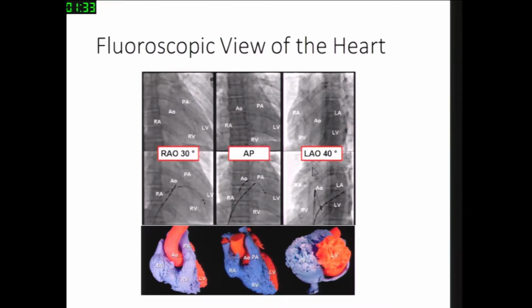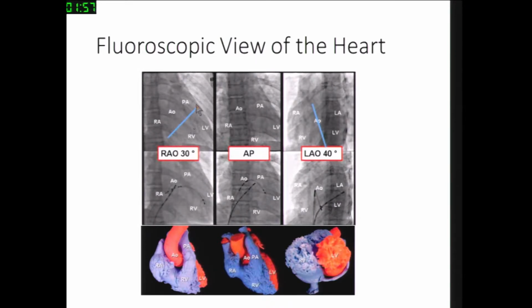This is the fluoroscopic view of the heart: AP, RAO, and LAO, with a model of the chambers at each angle. The AP view shows the RV, PA, LV, RA, and aorta. In the RAO view, it is the RV, LV, RA, aorta, and pulmonary artery.